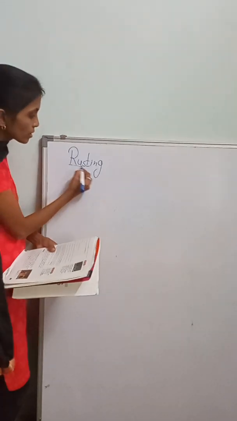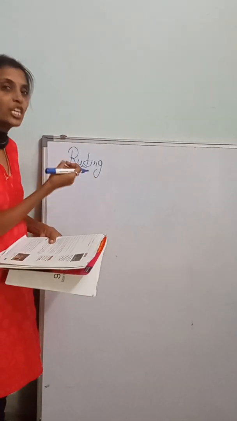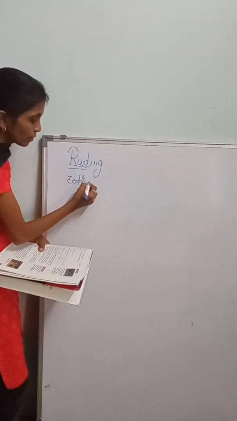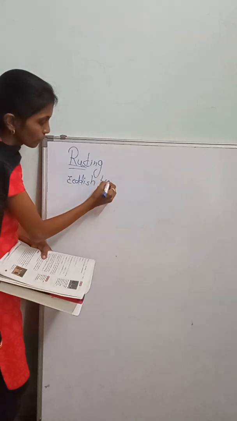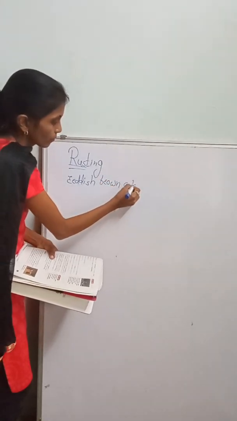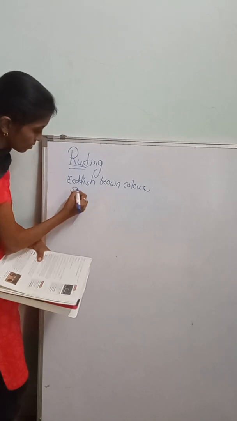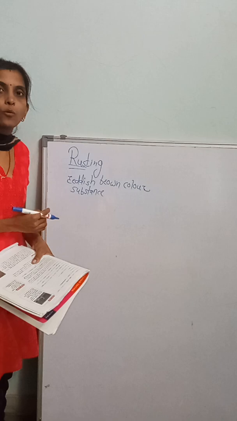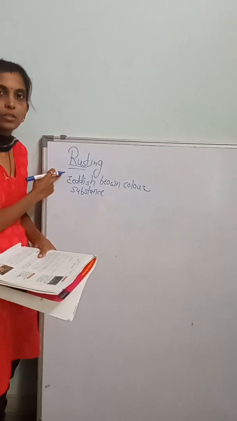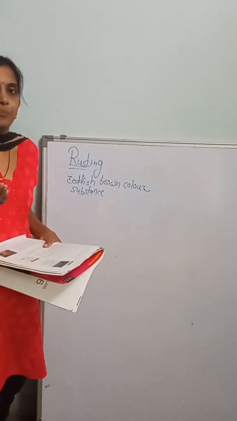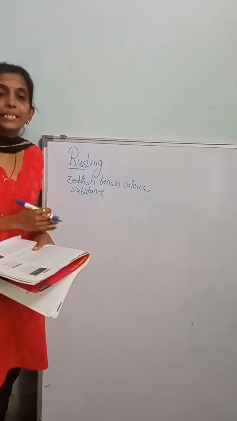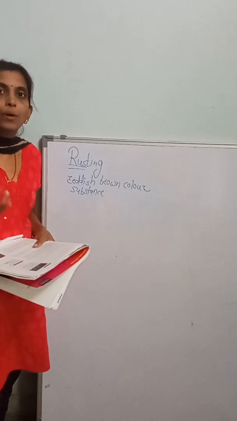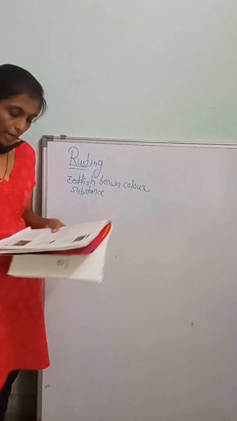Rust is a reddish brown color substance. It is formed in the presence of air and water, so it requires two things, air and water.